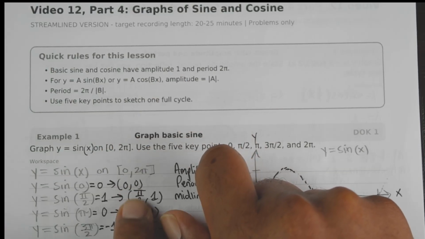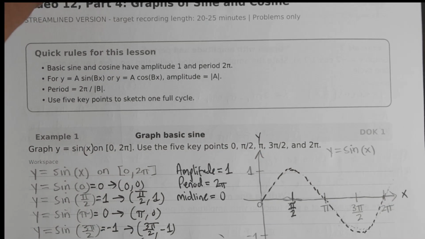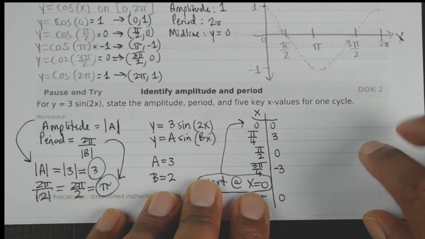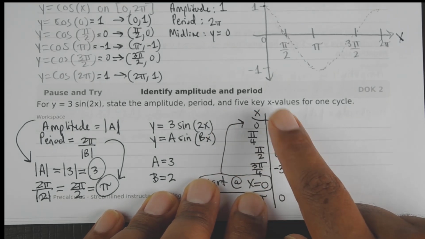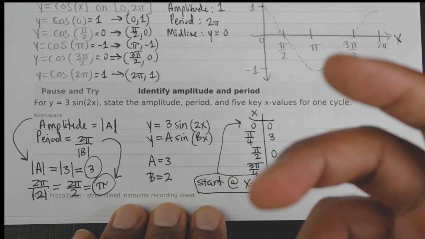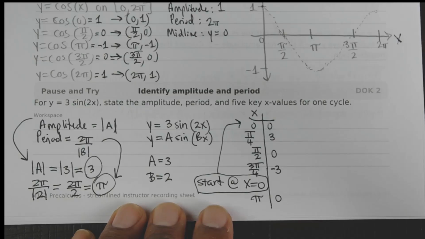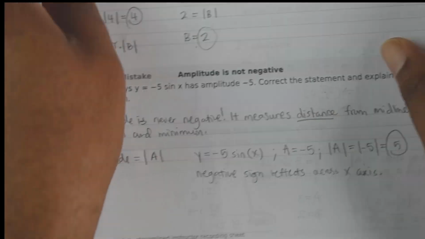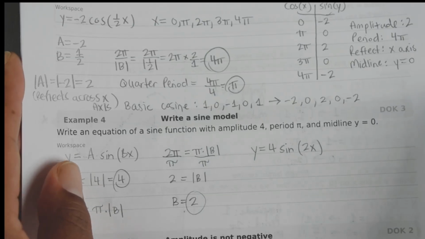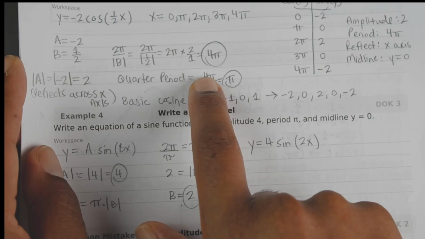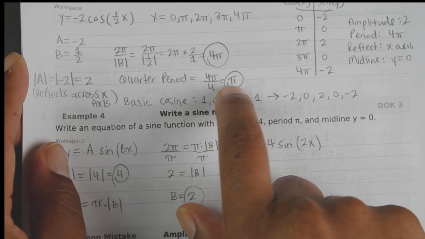Anytime you have to come up with points, for example, 5 key points, what you can do is essentially break it up into quarters, halves, things like that, which is what I did here. And then on the back side, we chose to use quarters as well. We divided by 4, and it just so happened that the variation would be pi.